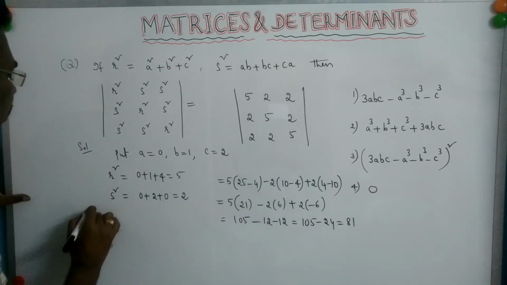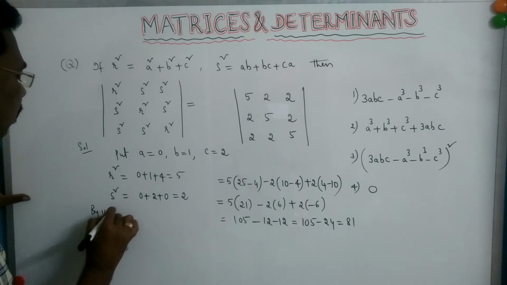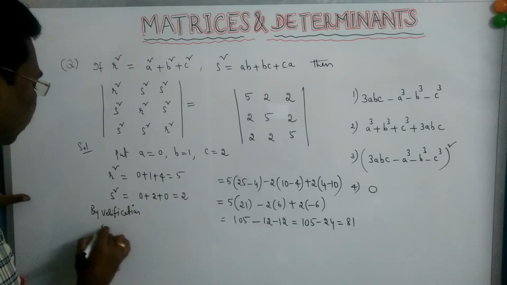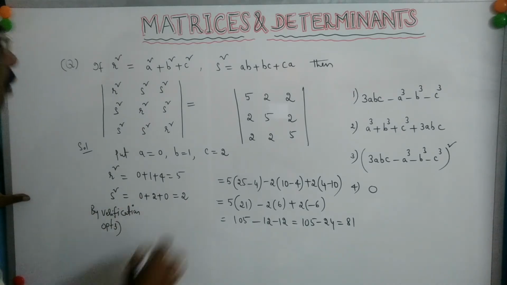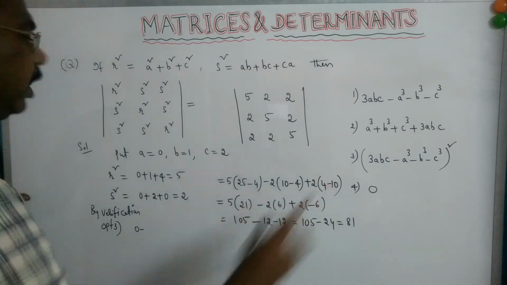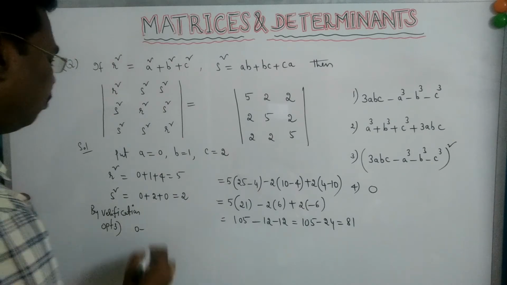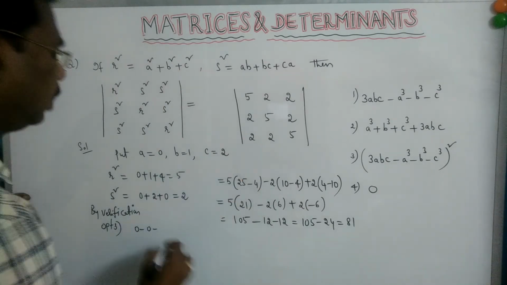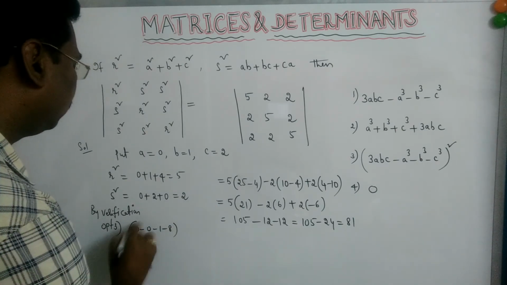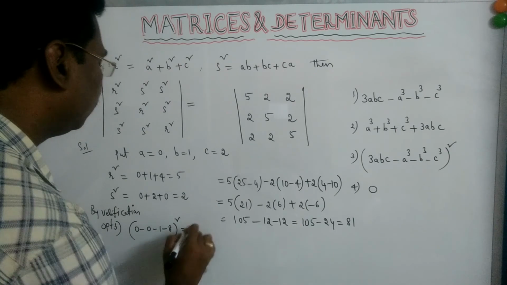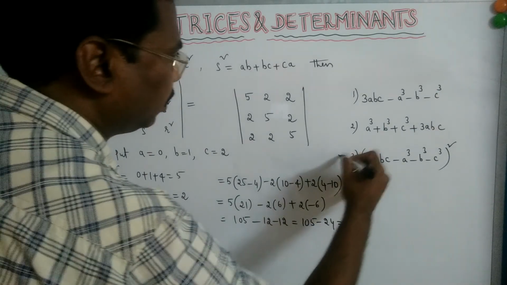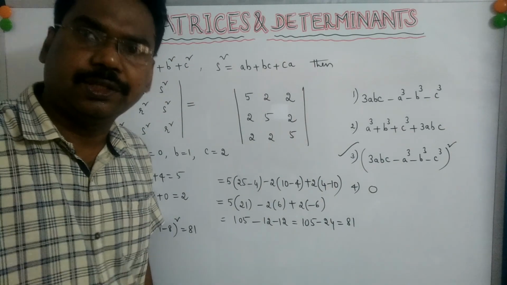By verification, option 3: 3abc minus a cube minus b cube minus c cube, that is 0 minus 0 minus 1 minus 8, whole square, minus 9 whole square, 81. Therefore option 3 is the correct one.